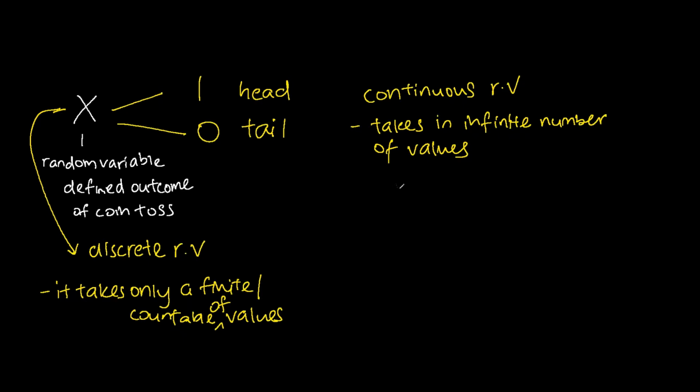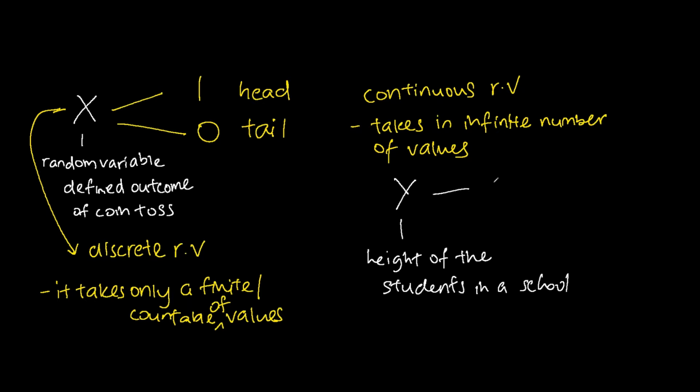For example, if I define a random variable y to be the height of the students in a school, what are the possible values of y?